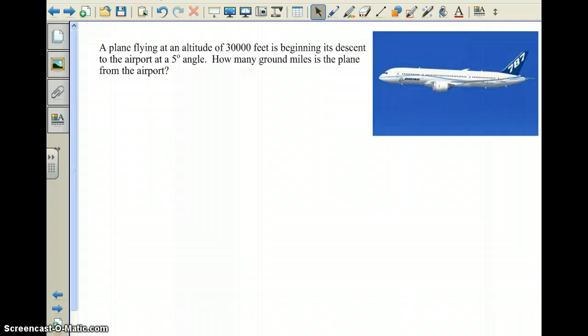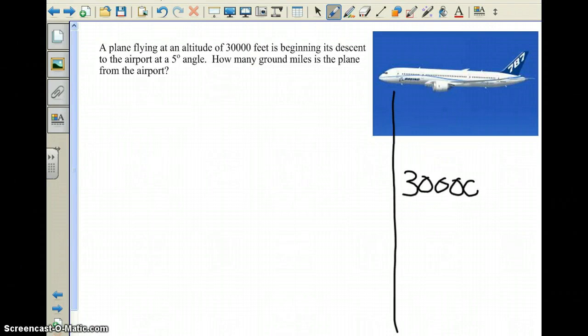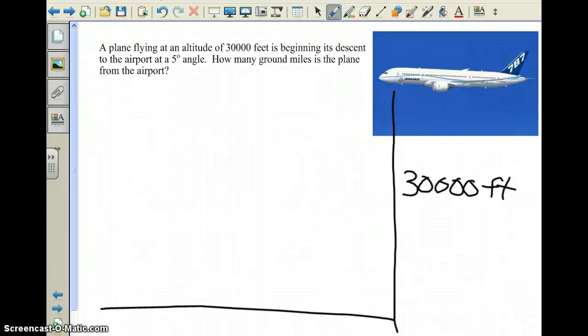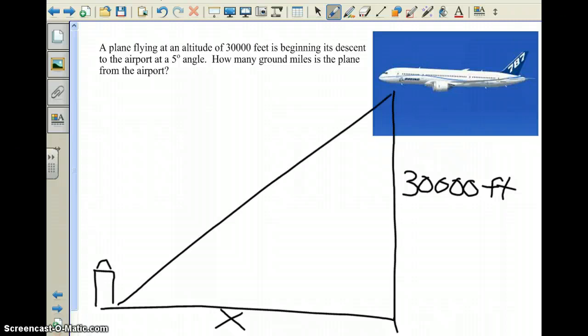A plane flying at an altitude of 30,000 feet, so that means the plane is 30,000 feet in the air, is beginning its descent to the airport at a 5-degree angle. How many ground miles is the plane from the airport? So if the airport is over here, we're trying to figure out this distance, the ground distance the plane is from the airport, and he is beginning his descent at a 5-degree angle.